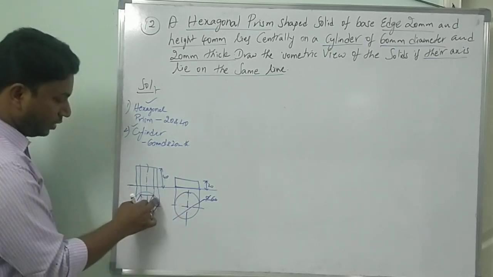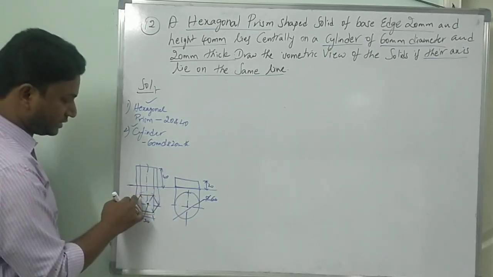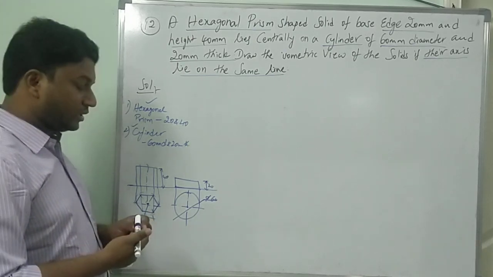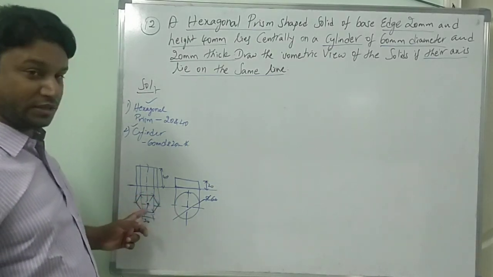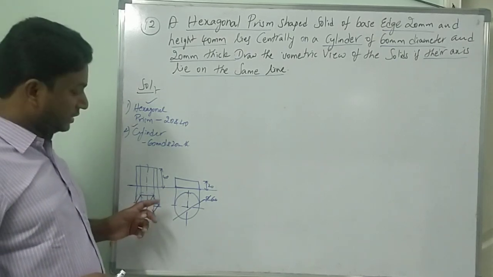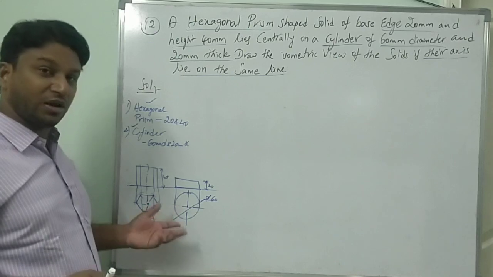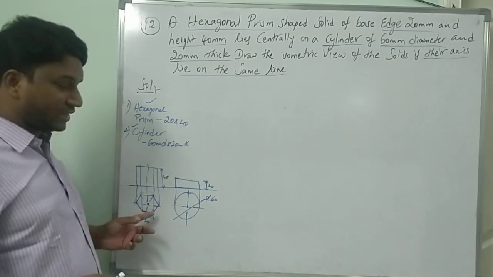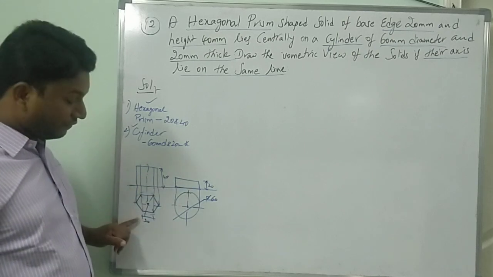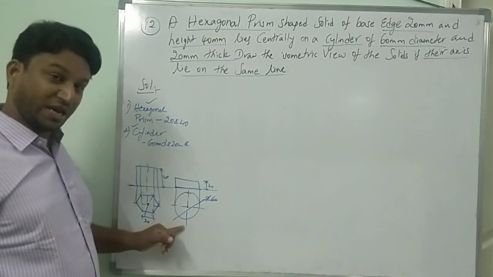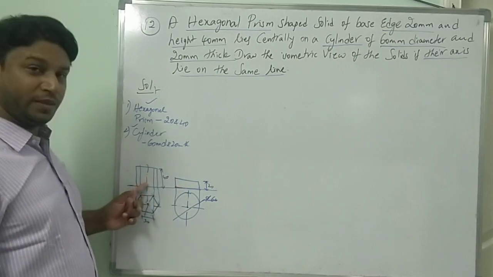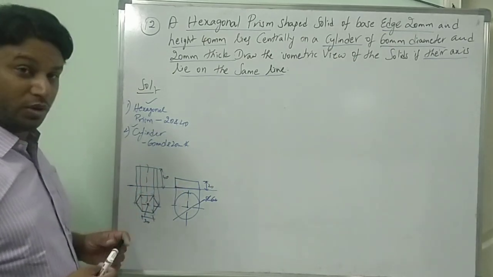But thinking logically, ignore the construction of the circle. First draw the hexagon and plot its center, because the center of the hexagon and the center of the circle are the same. Once the hexagon is constructed, draw the top view of the circle. So: first hexagon top view, second circle top view, then circle front view, then hexagon front view. Hope you understand this.